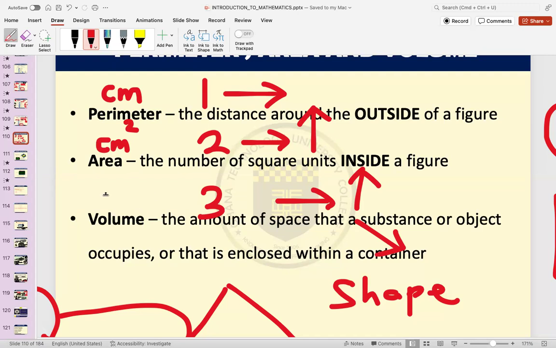If it is volume, it will move to centimeters cubed, where the three is telling you that you are dealing with three different directions. So by the way you see the unit, you yourself know whether this is an area calculation or a volume calculation or a perimeter calculation. And I think with this explanation, we should be fine with these dimensions.